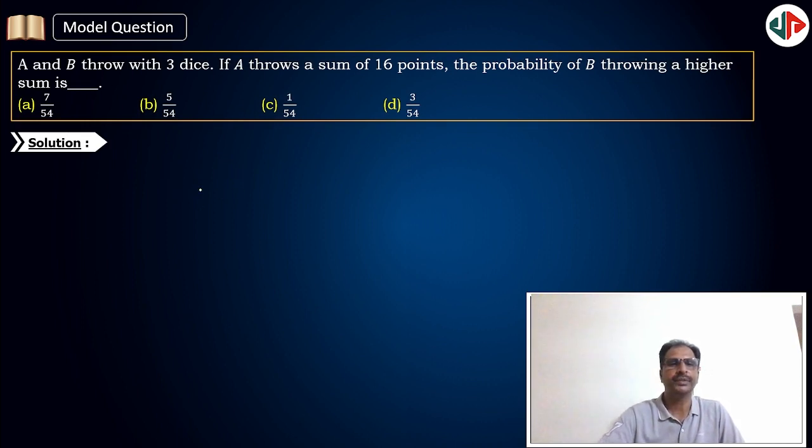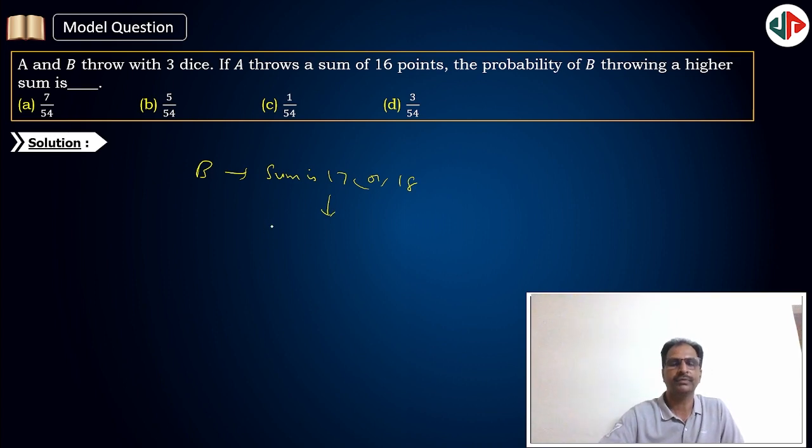A and B throw with 3 dice. If A throws sum of 16 points, then what is the probability of B throwing a higher sum? See, what is the higher sum which is more than 16 means? Sum can be either 17 or 18.